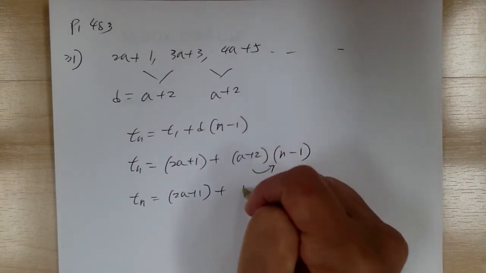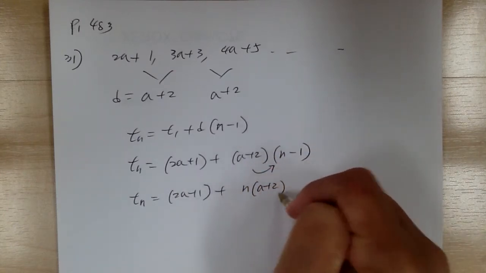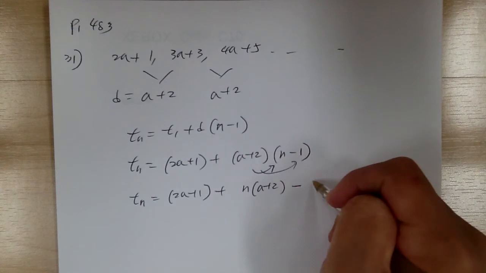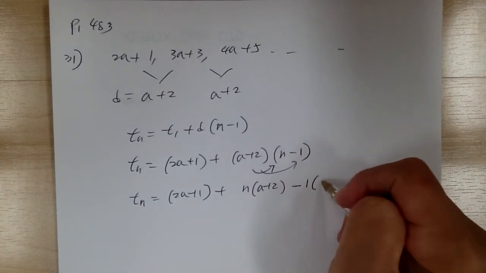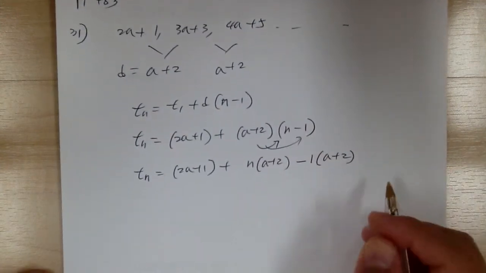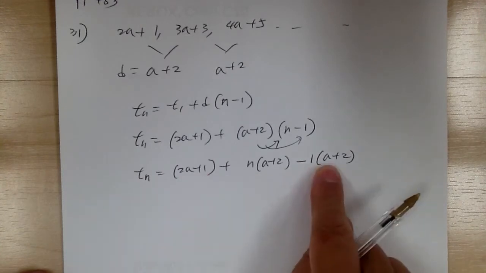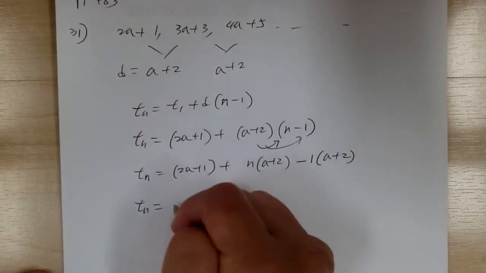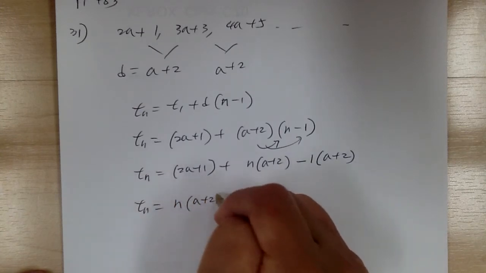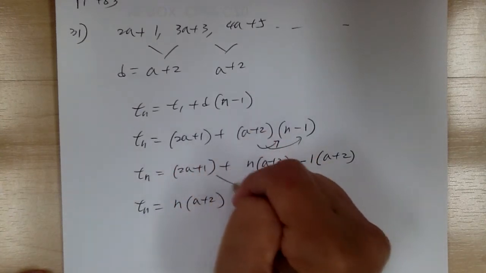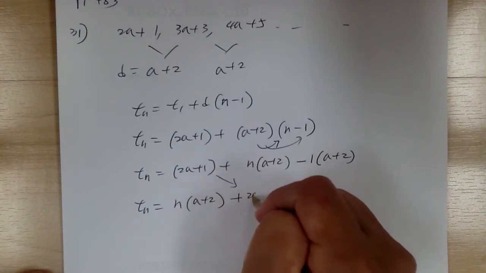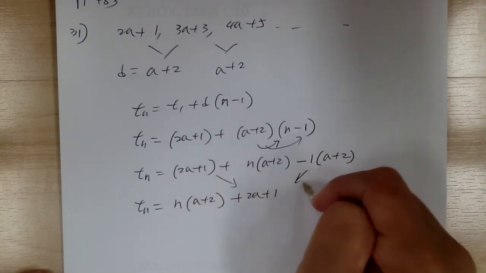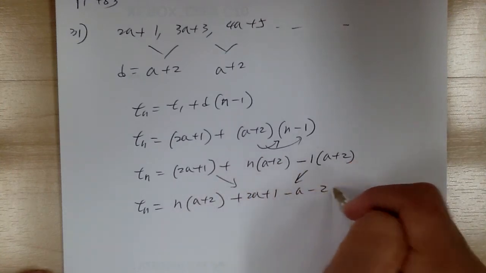So this n times will give you n times a plus 2, and then this minus 1 times a plus 2. Then I'm going to combine these two together and keep this one. So t of n will equal n times a plus 2, and this one over here will give you plus 2a plus 1. This one over here will give you minus a minus 2.